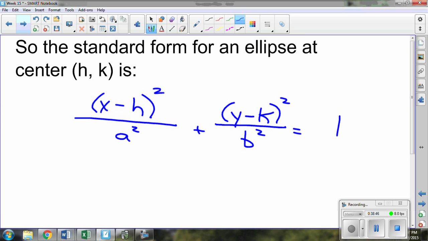In this instance, I want to emphasize the minus h is a translation, just shifting the unit circle left or right. Then we are taking the minus k, taking the unit circle and shifting it up or down to make the centers match.